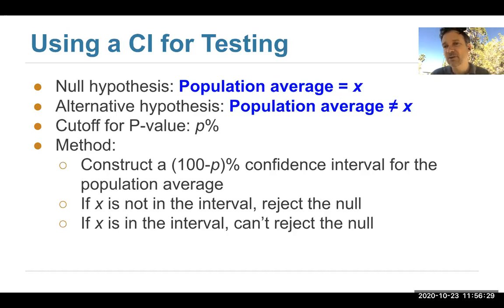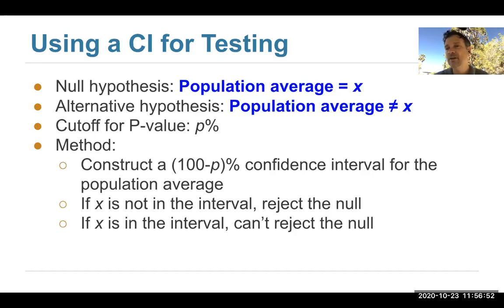The confidence interval gives you a range of values for the population average that if you tried to do a hypothesis test with one of those values as your null, the null would not be rejected. And anything outside the confidence interval is a candidate value that, if you stuck it in the null hypothesis, would be rejected.